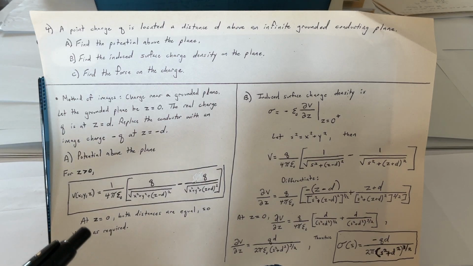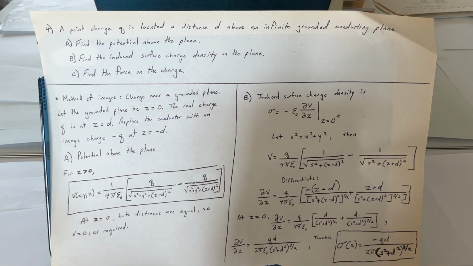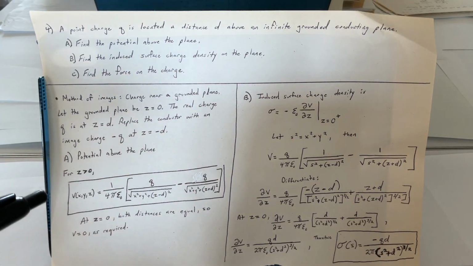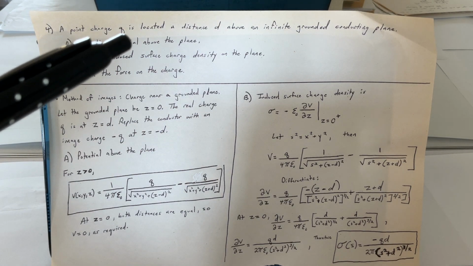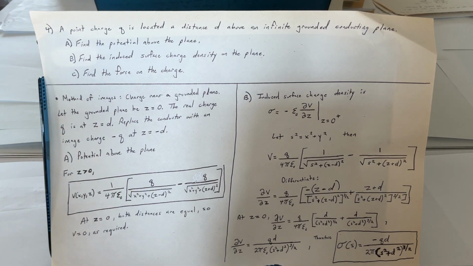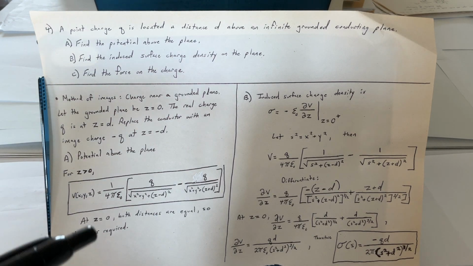At z equals 0, both distances are equal, so V equals 0 as required. So that's the potential above the plane, we got it.